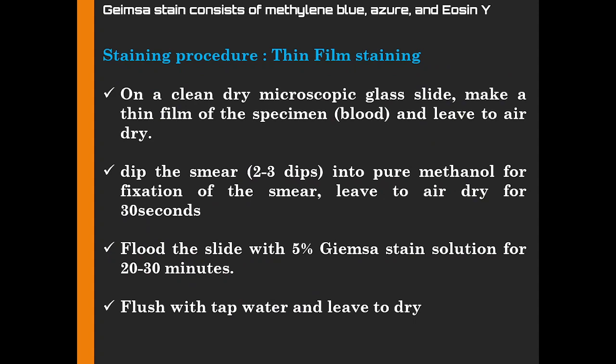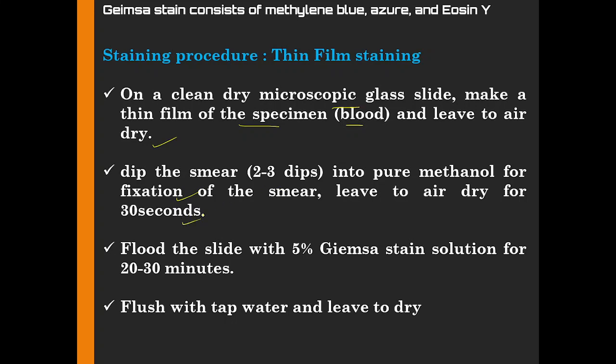Now if someone wants to stain blood cell types, one can do it in a very easy method. Take a clean microscopic glass slide, make a thin smear of your blood and leave it to air dry. Then pure methanol can be used to fix the cells over the smear.